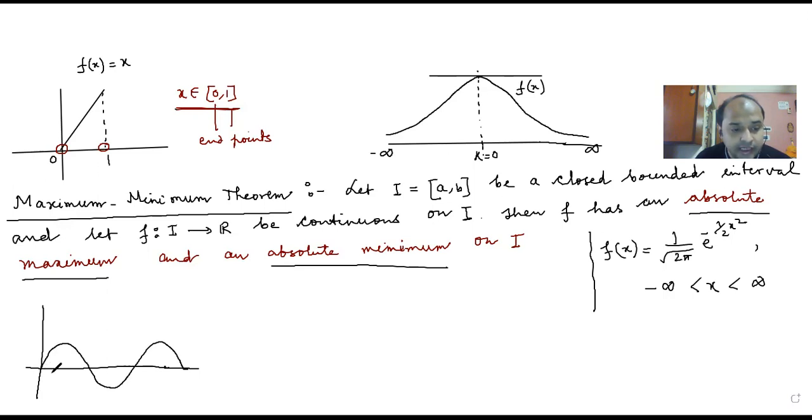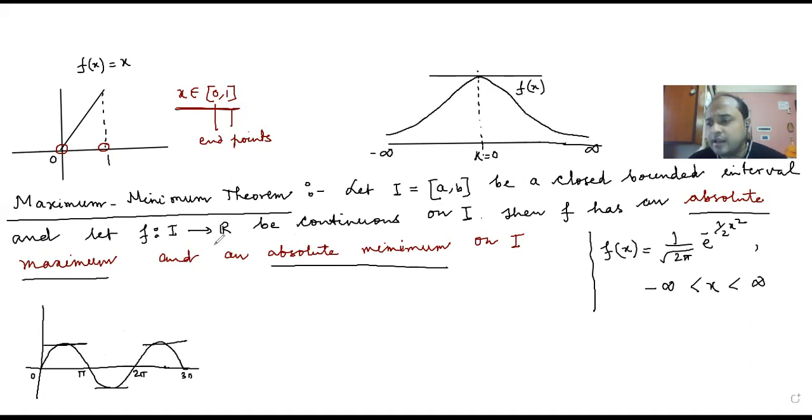If you consider the interval from 0 to pi, then pi to twice pi, then twice pi to thrice pi, in one interval this has a relative maximum, in the next a minimum, in the next a maximum, and so on. These maxima and minima occur in every interval, so they are called relative maximum or relative minimum. This curve is different from that curve: that curve has only one peak, while this curve has several peaks. That is the difference between absolute maximum and relative maximum.